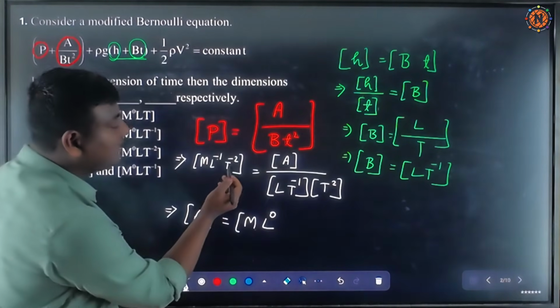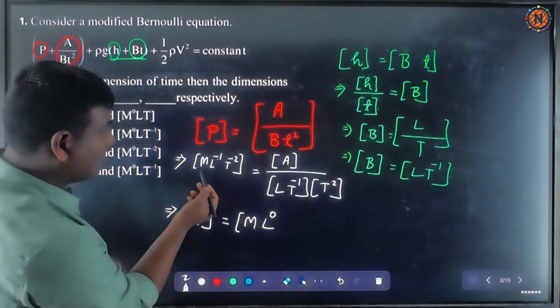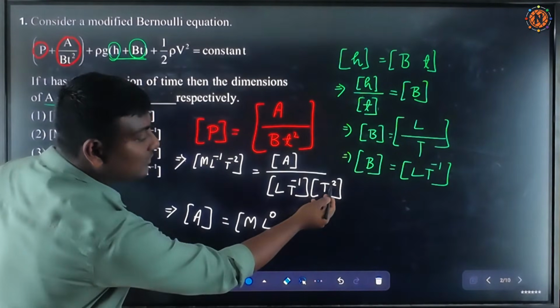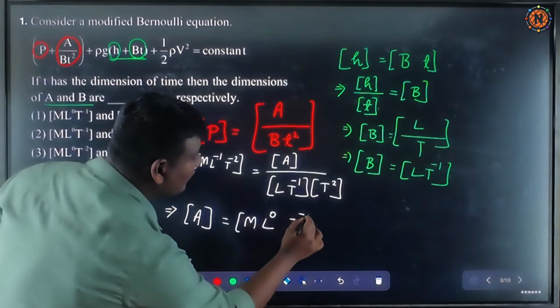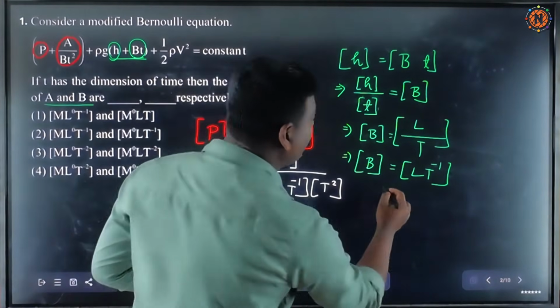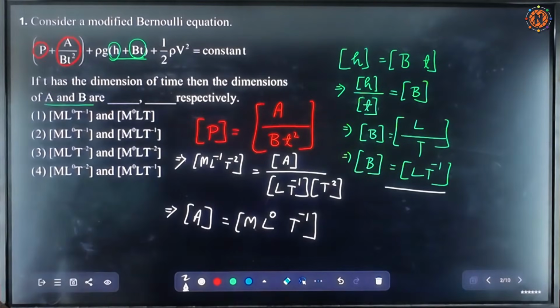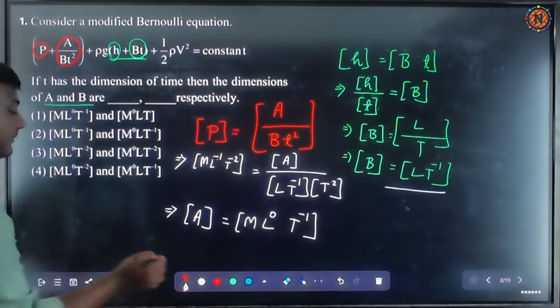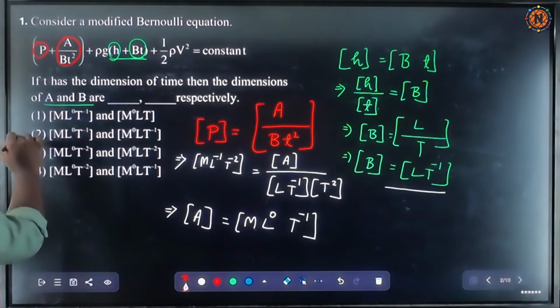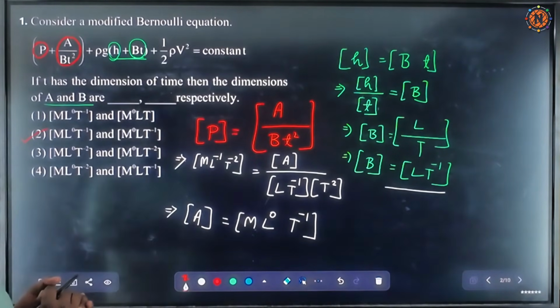And here T to the power minus 2, and this T to the power plus 2 will be cancelled, but one T to the power minus 1 will remain. So the dimension of A will be MT minus 1 and the dimension of B will be LT minus 1. So option 2 is the correct answer.